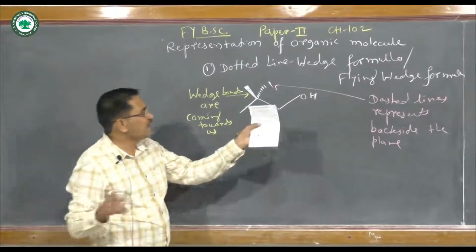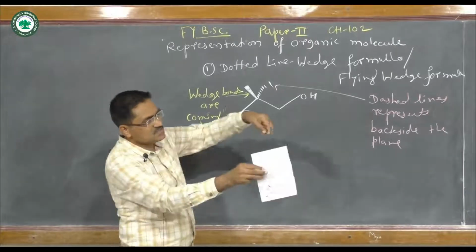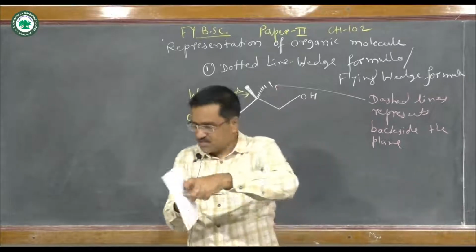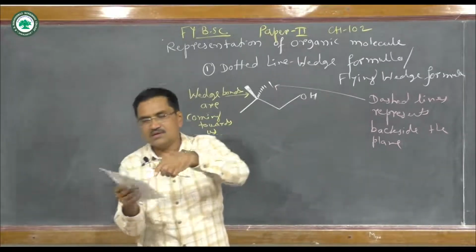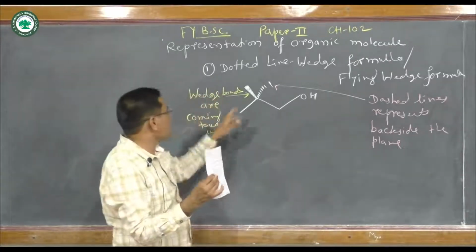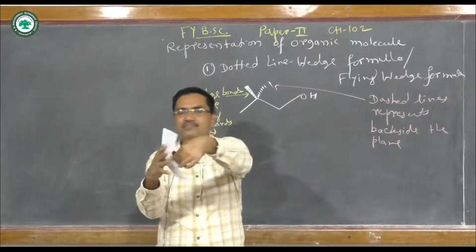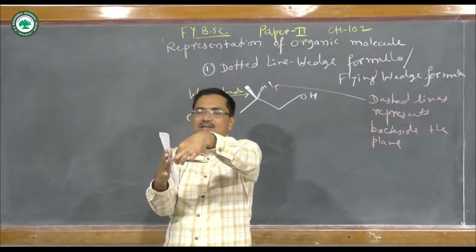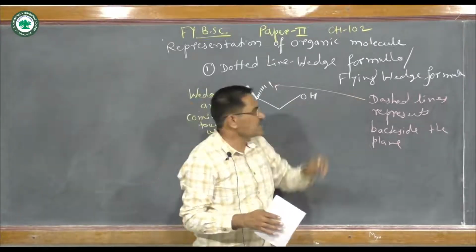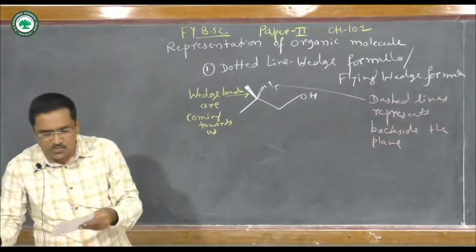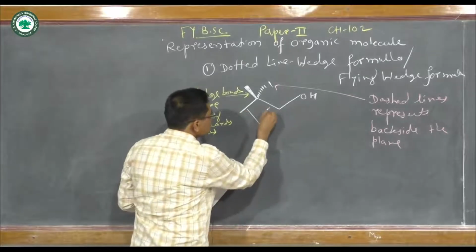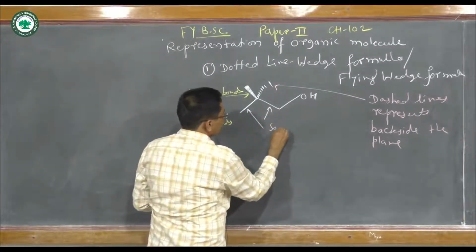Suppose you consider this is the plane, and this bond is on the backside of the paper. This one is back side and this one is front side. The front side bonds are shown by wedges, and the bonds on the back side of the plane, blackboard or paper are shown by dashed lines. Those bonds present on the plane are shown by solid lines.